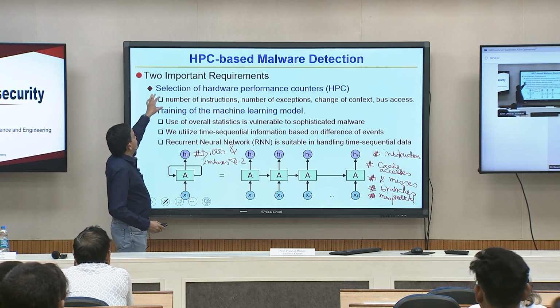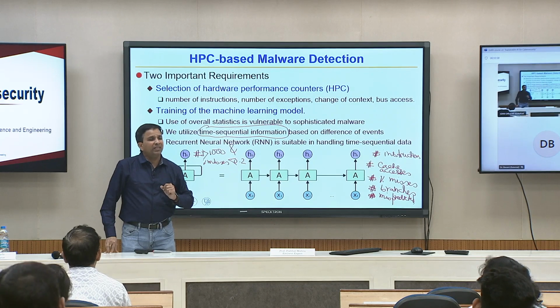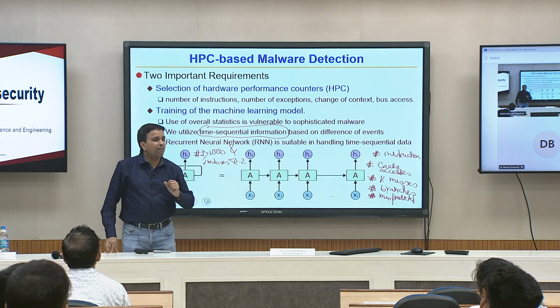First, we have to choose the input for the machine learning model, that is basically the counters. I listed some of them: number of instructions, exceptions, change of context, bus access. Then you have to train the machine learning model. Using overall statistics is vulnerable, so most of the time people focus on time sequential information. What does that mean? If you just use a performance counter, let us say number of instructions, that is probably not going to help, or percentage of misses.